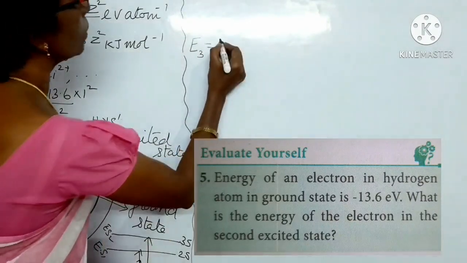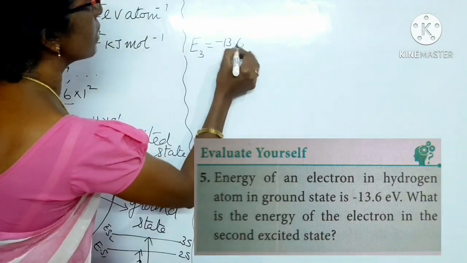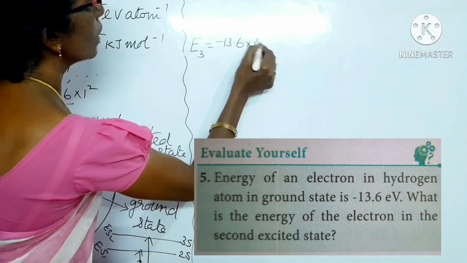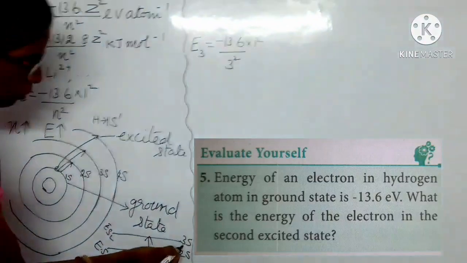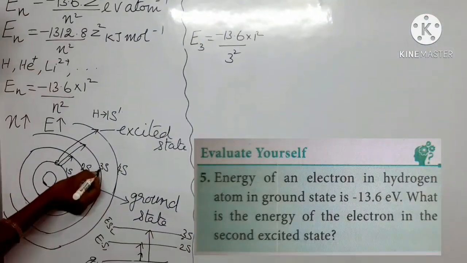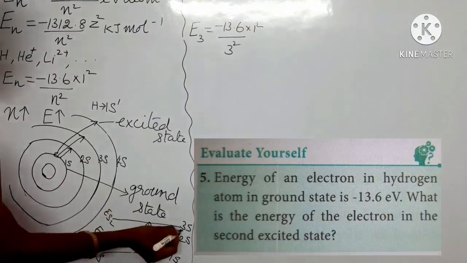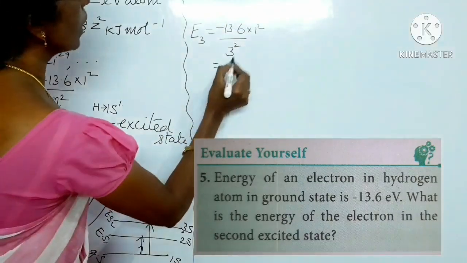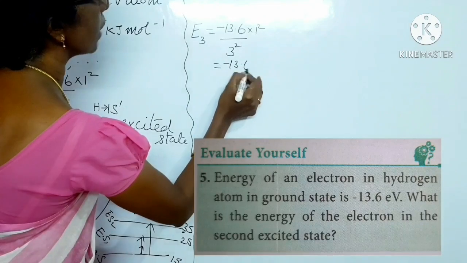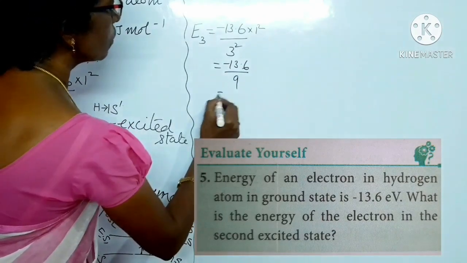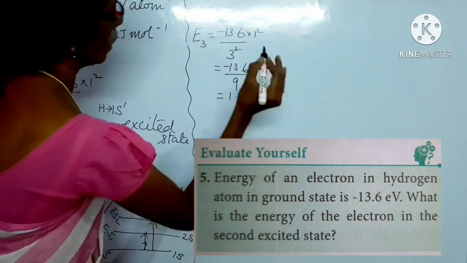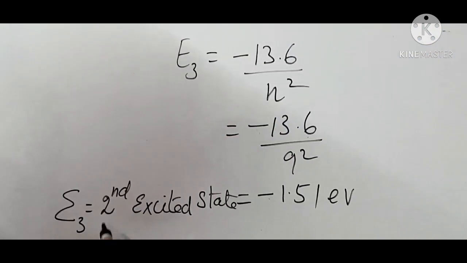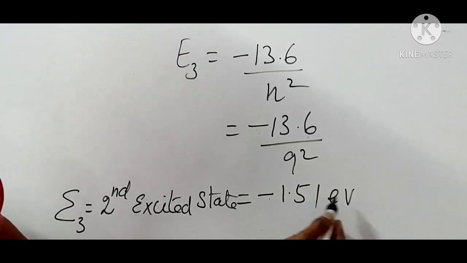E3 is equal to minus 13.6 into 1 squared by 3 squared, because your principal quantum number is 3. This is your second excited state. So this is equal to minus 13.6 by 9, which is equal to minus 1.51 electron volt. So the energy of the electron in the second excited state is minus 1.51 electron volt.